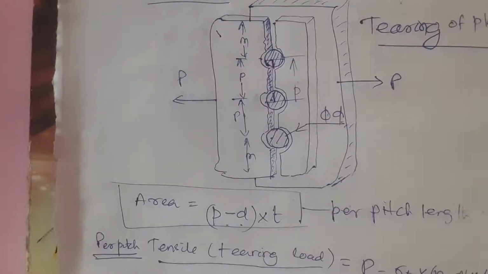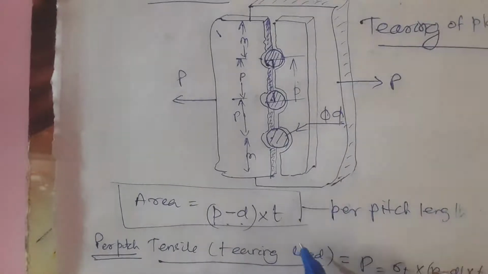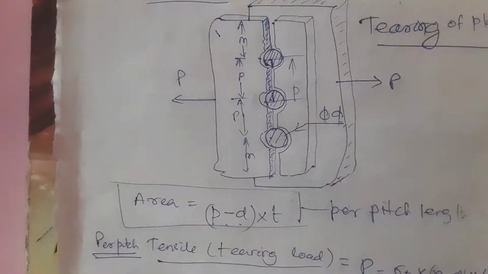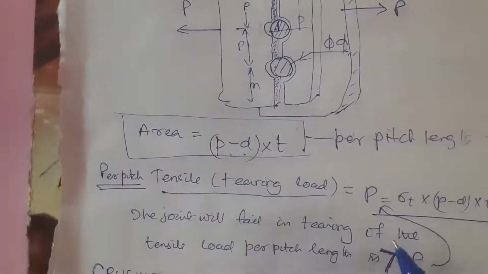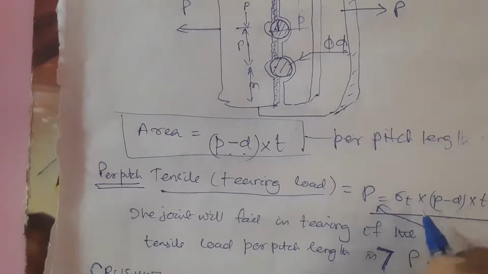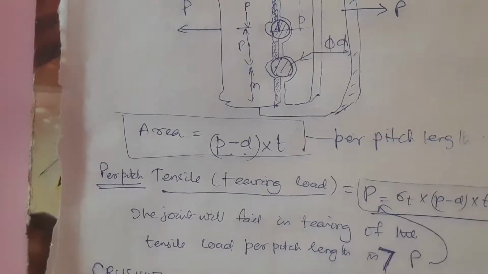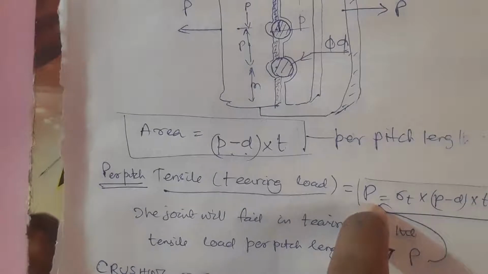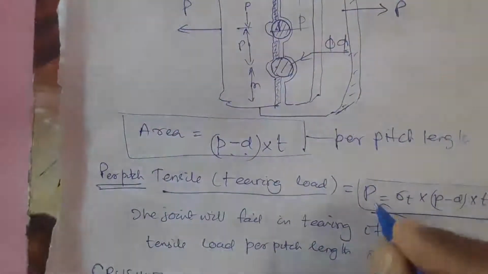So the resisting area for tearing of the plate at the section weakened by the rivet hole is this much, and when you multiply it by the corresponding tensile strength of the plate, the tearing load per pitch length that the plate can withstand will be equal to sigma t into (p minus d) into t. So this is the formula. This is the limit, and let's say it is Pt.